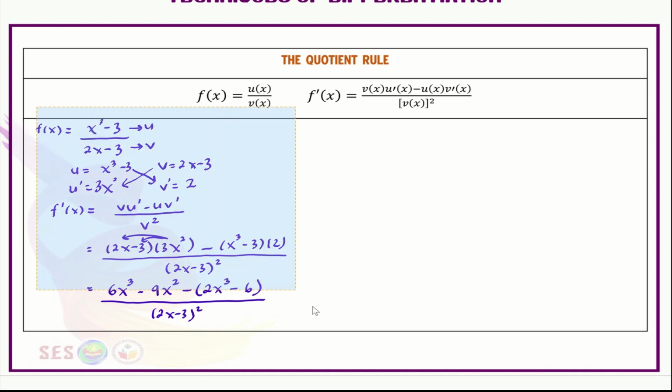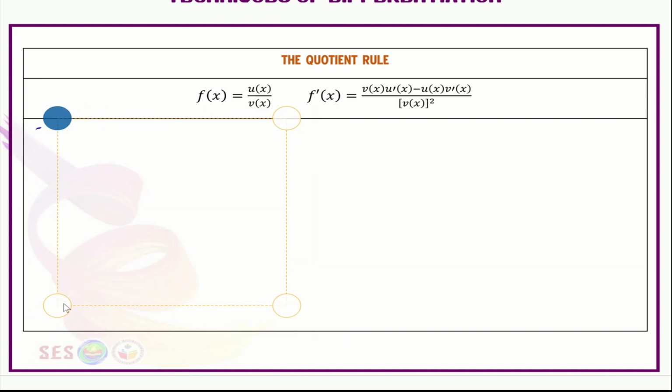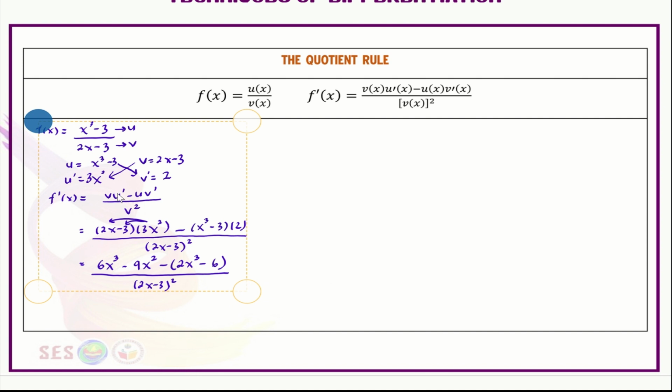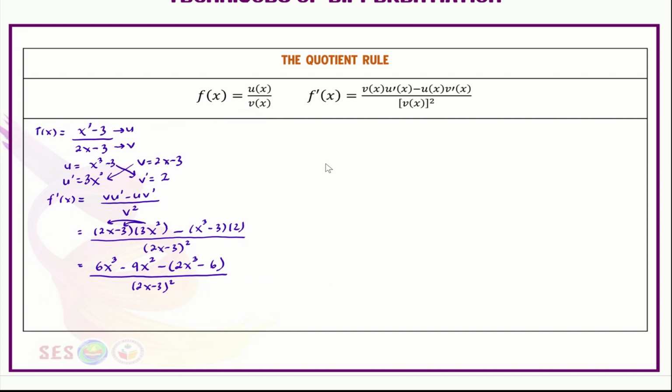We still need to simplify the numerator a little bit. We should have 4x cubed minus 9x squared plus 6, and everything is divided by (2x minus 3) squared, and that will be the final answer.